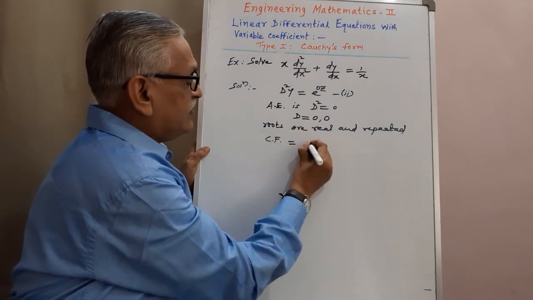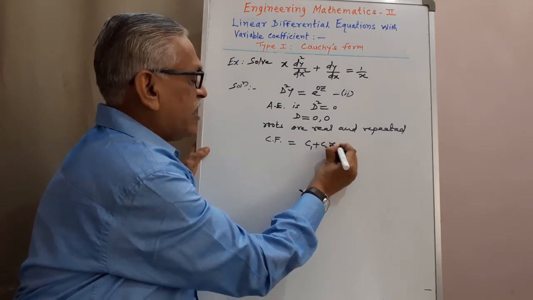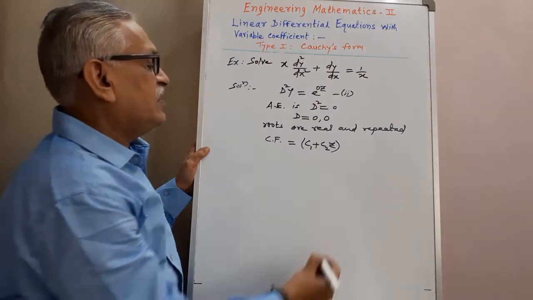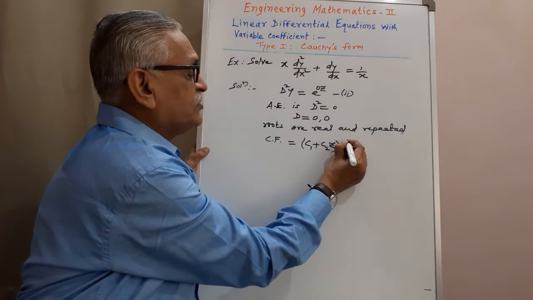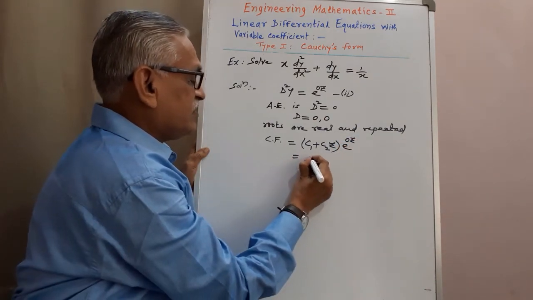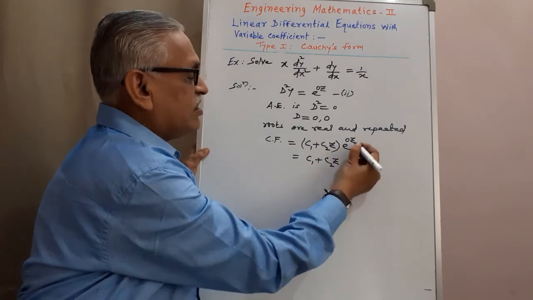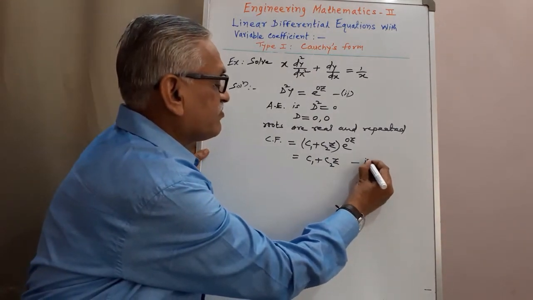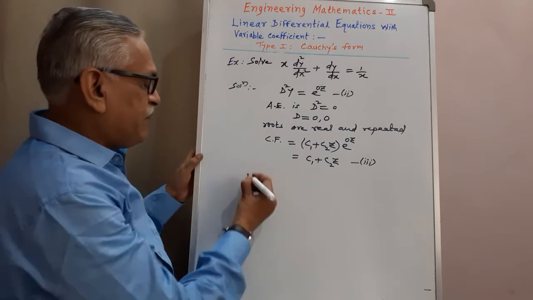CF is given by C1 plus C2 z, as it is repeated, into e raised to m1 z. The value of m1 here is 0, therefore e raised to 0 z. This is nothing but C1 plus C2 z, since e raised to 0 is 1, and it is equation number 3. That is CF.